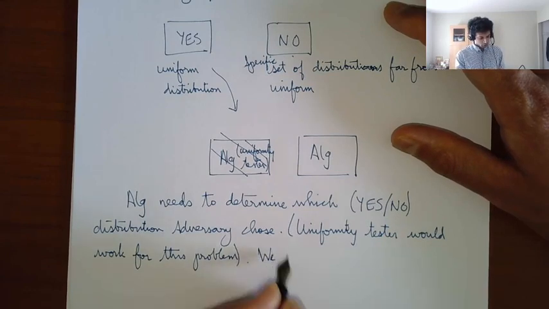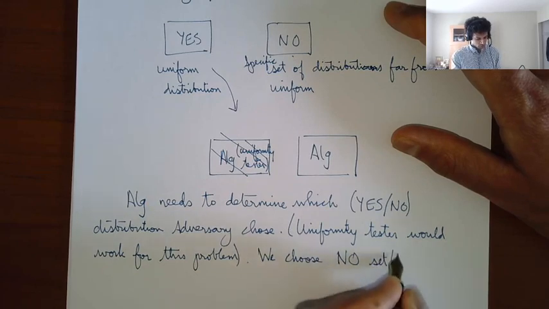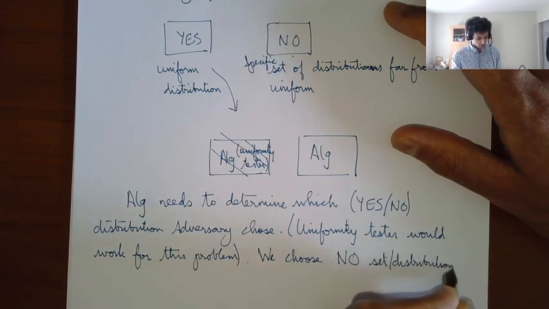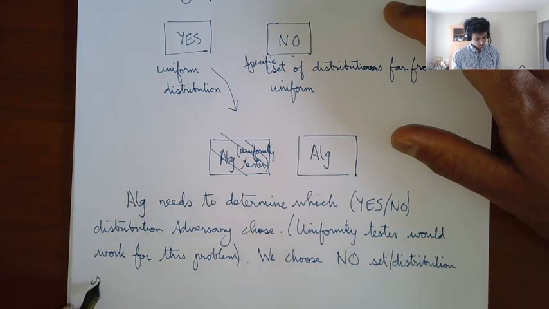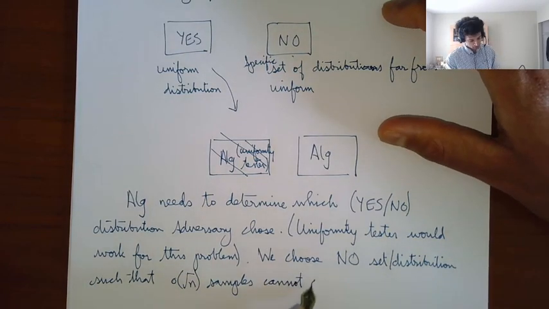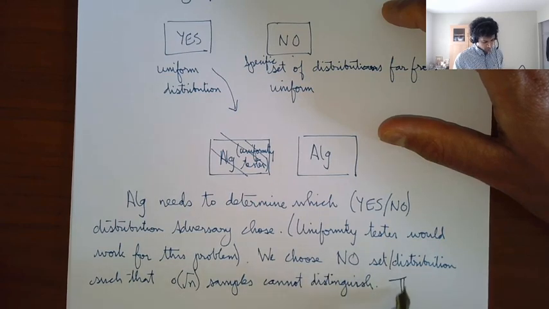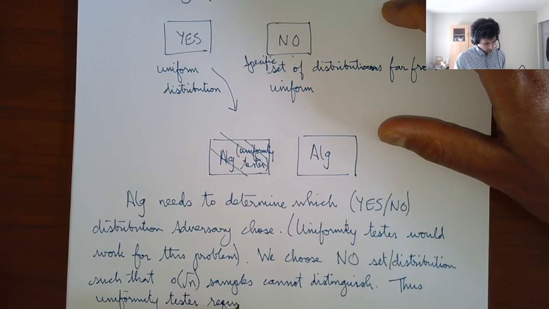Now we choose the no set or distribution such that little o of root n samples cannot distinguish. And so thus a uniformity tester requires omega of root n samples.